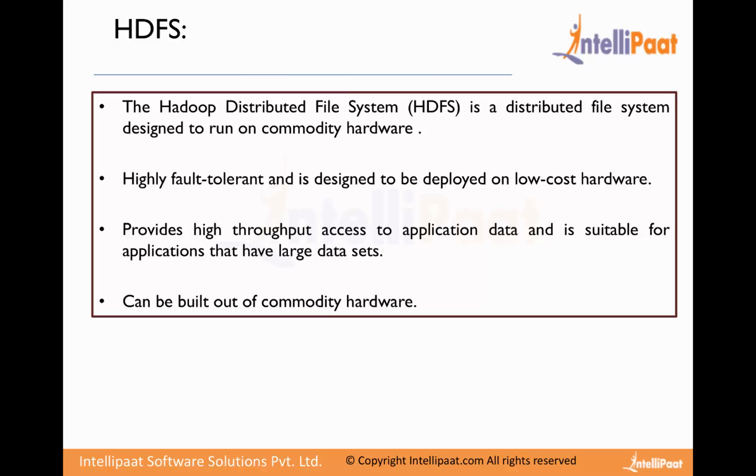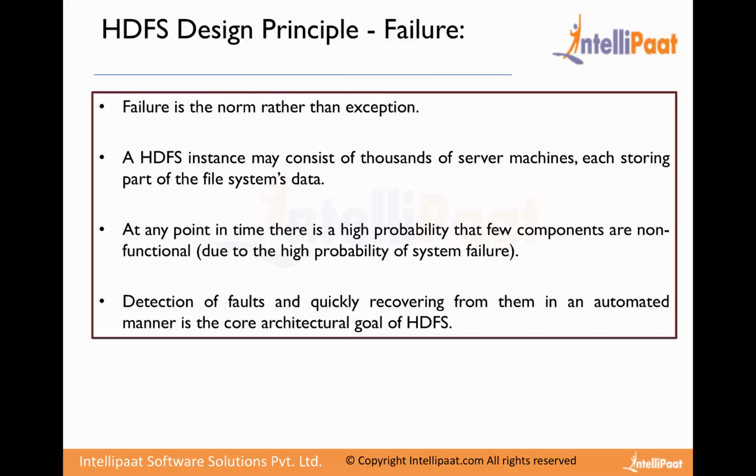And we have also seen how HDFS gives you high throughput, because it splits the data and keeps it on multiple machines, and each machine works on a smaller piece of the data. That is how you get high throughput to the data. As we saw, it can be built on commodity hardware.